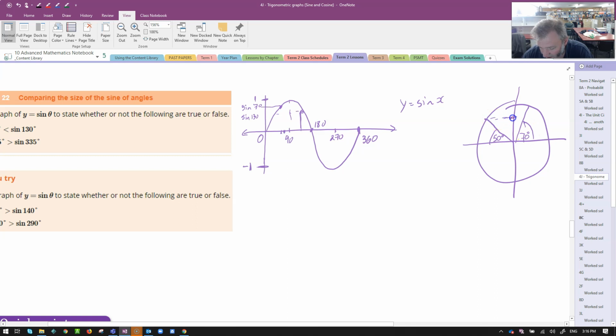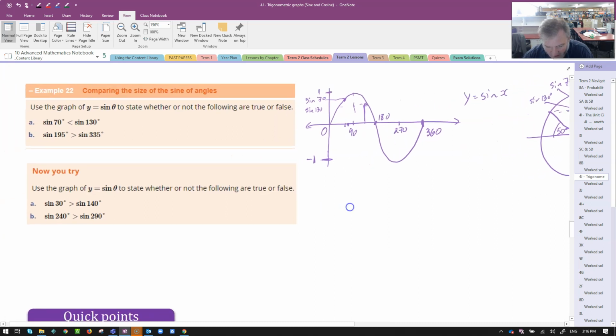So you can see when I'm looking at the y-coordinate, the sine of 70 degrees is that point there. It's definitely going to be greater than the sine of 130 degrees. So what do we think about this statement? I would say that's false. I would expect the sine of 70 to be greater than the sine of 130.